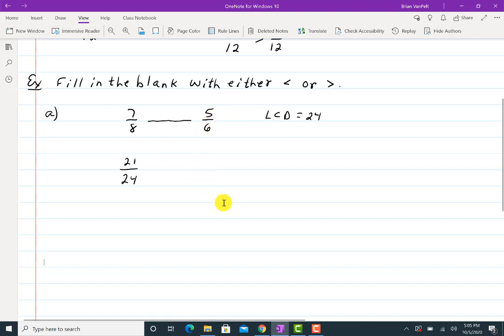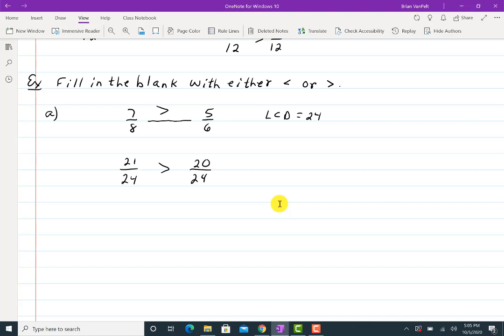I'll do the same with 5/6. 6 times 4 is 24. 5 times 4 is 20. So I can see that the 21/24 is greater than 20/24. And since these are the same fractions as I had before, I know that a greater than symbol goes into the first blank.